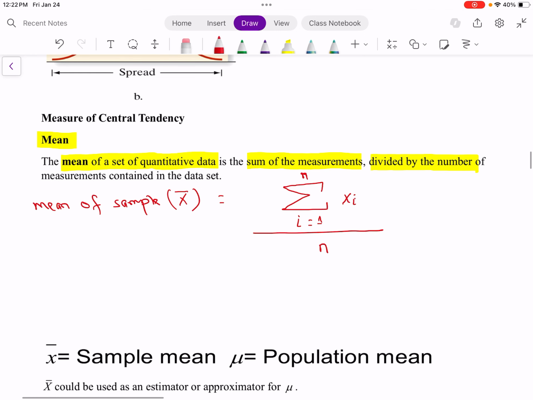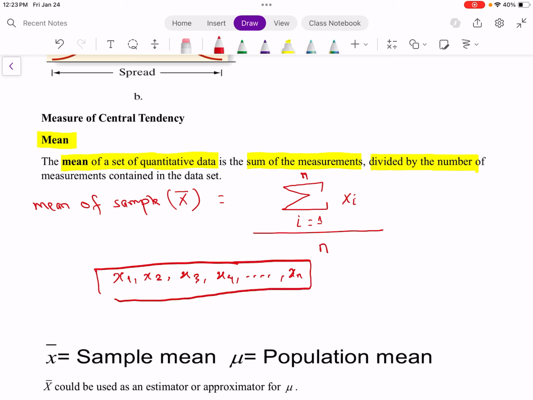For example, let's say we have x1, x2, x3, x4 up to xn. This is our data set, and we are trying to find its mean. What we do is add each of these: x1 plus x2 plus x3 plus x4 up to xn, and divide by the total number of measurements, which is n.